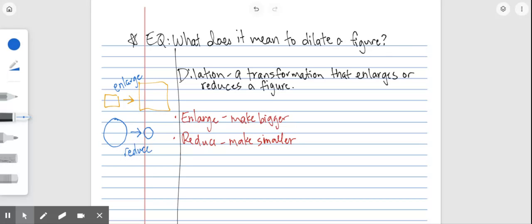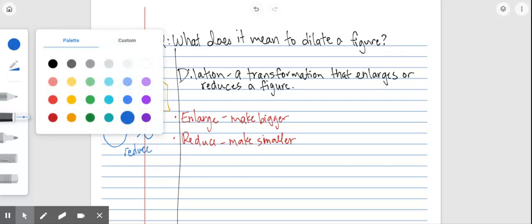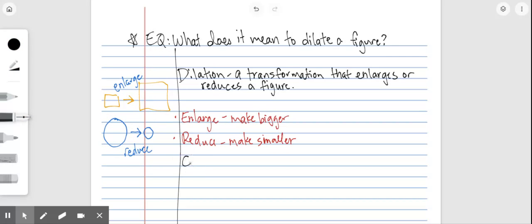Okay. All right, so with the dilation, there's something called the center of dilation. Okay, and the center of dilation is very similar to the center of rotation in that it is the point from which you are dilating. So when you have a center of dilation, that means you draw from that point.